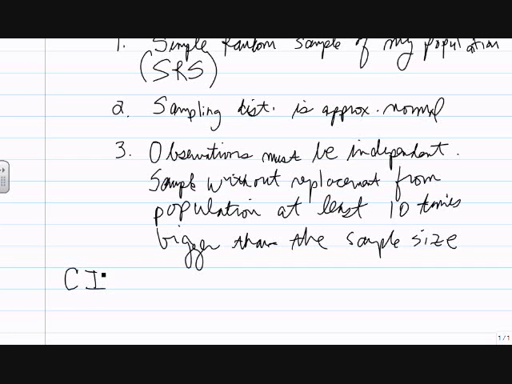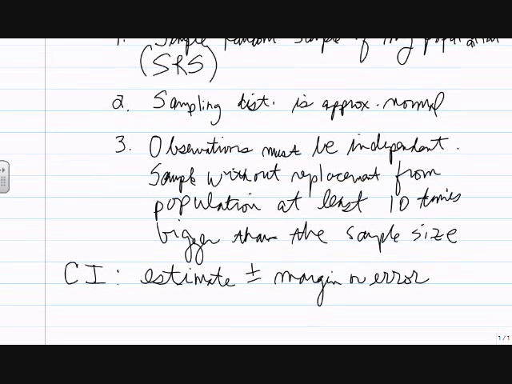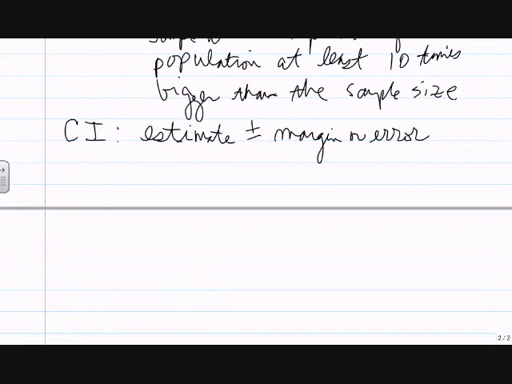A confidence interval in general is defined as your estimate of your population parameter plus or minus your margin of error. But more specifically, our estimates are mostly going to be means or proportions.